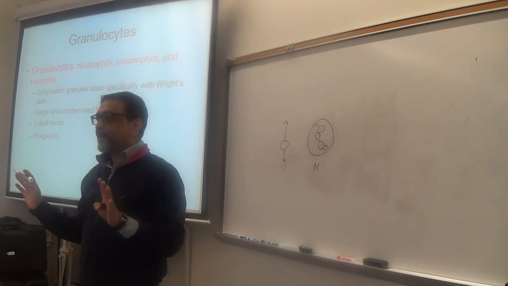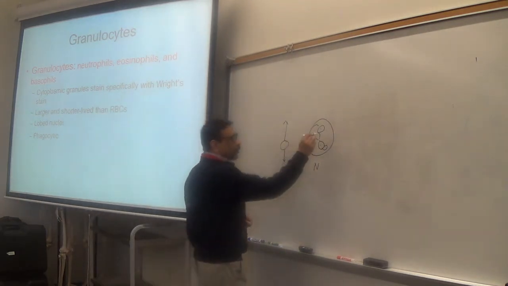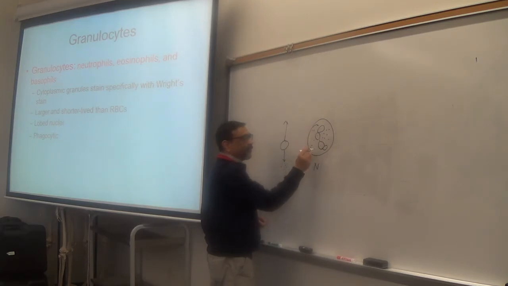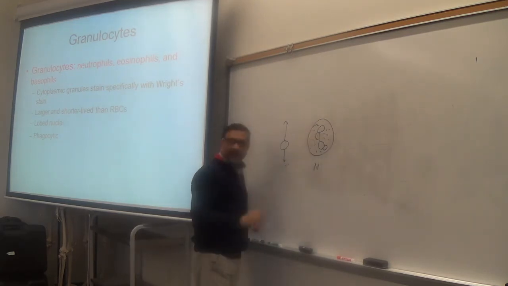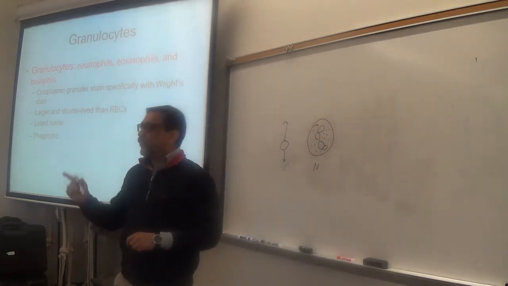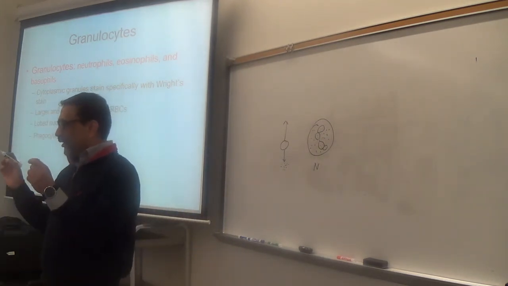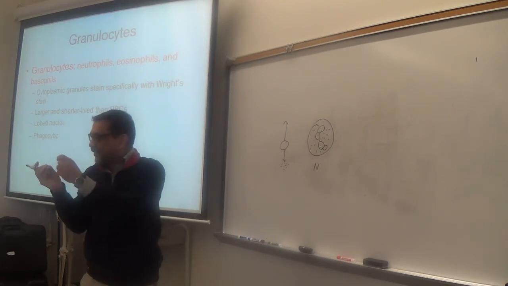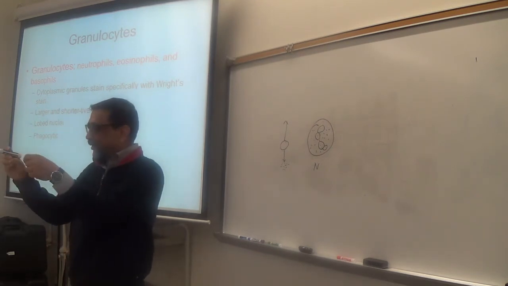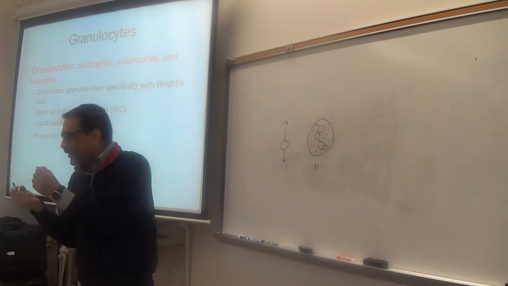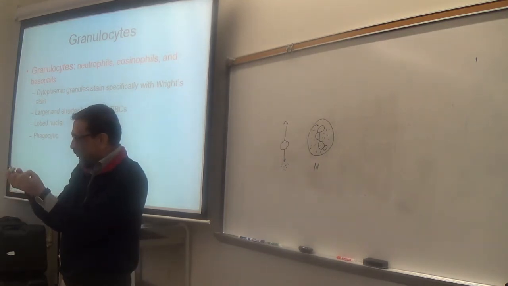Neutrophil. The neutrophil belongs to granulocytes, so it has granules, but these granules take both acidic and basic stain. So when you mix acidic and basic stain, they will neutralize each other because it takes acidic as well as basic. Make sense?